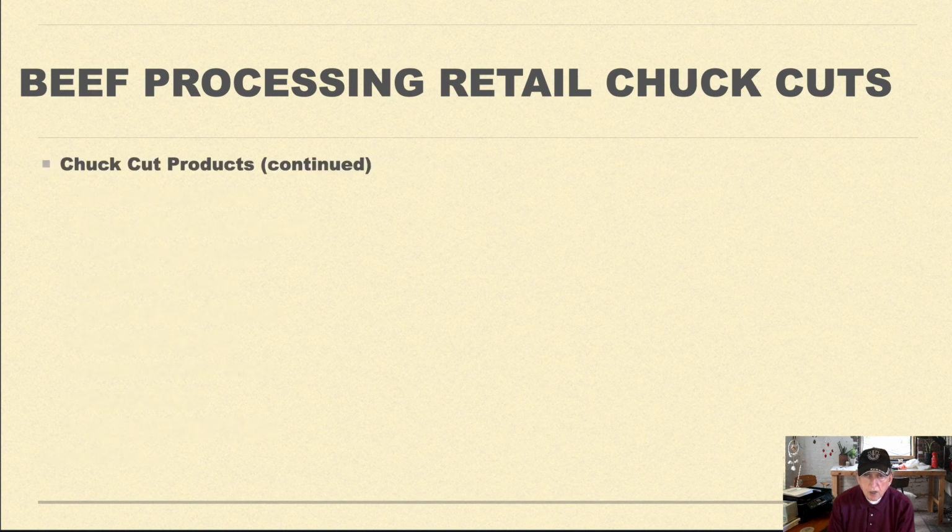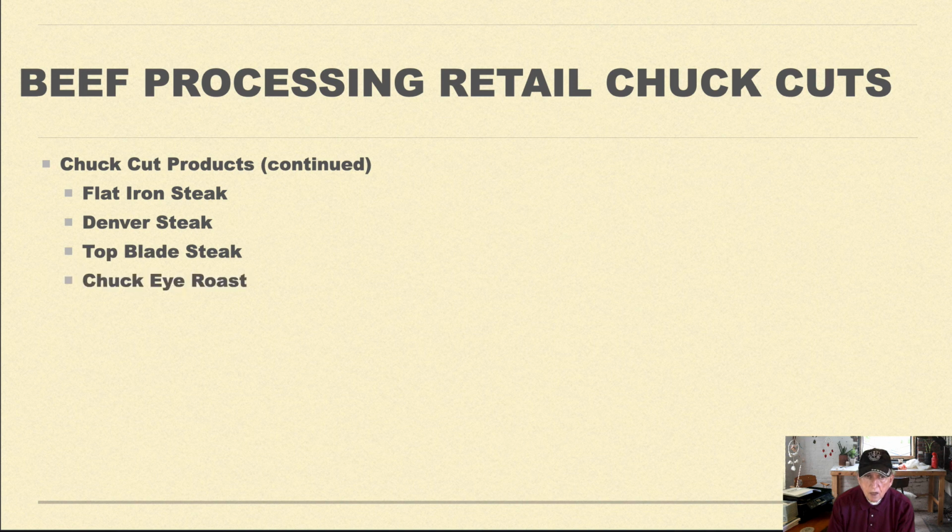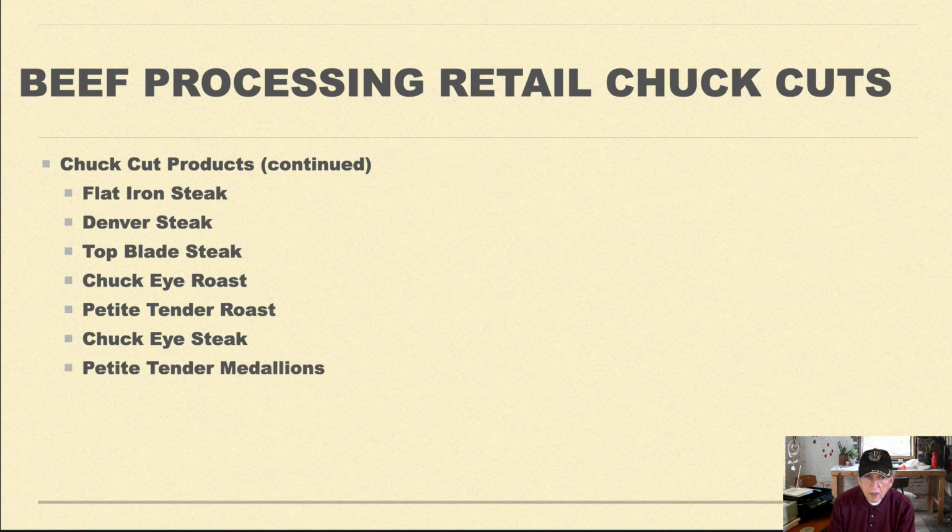Chuck cut products continued are flat iron steak, Denver steak, top blade steak, chuck eye roast, petite tender roast, chuck eye steak, petite tender medallions, country style steak, short ribs, bone in.